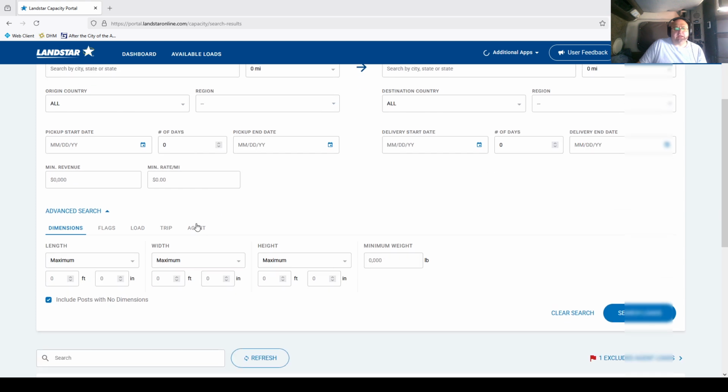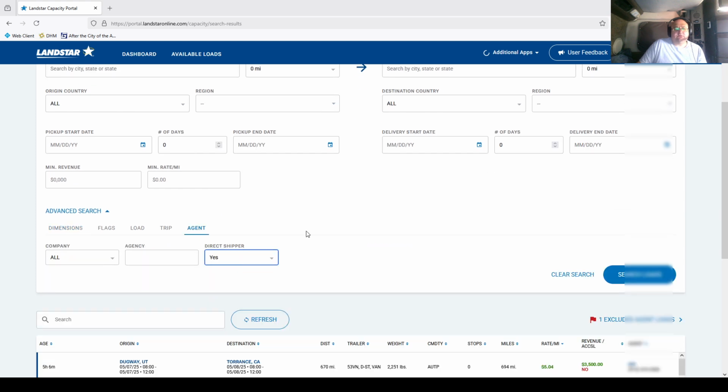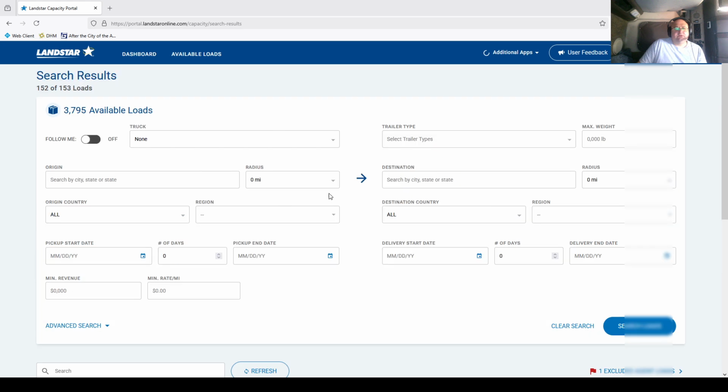Now let's look at direct shipper loads. 3,795 loads. So there are 3,800 contract loads on Landstar's load board and 65,853 total loads. So almost all of Landstar's load board, over 61,000 loads, are reposted spot market loads.